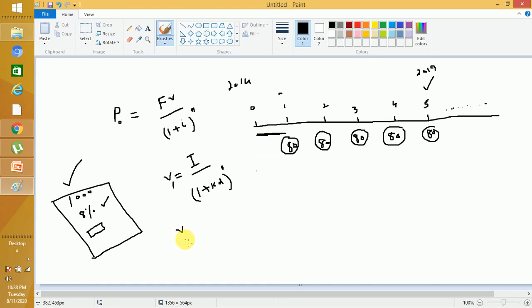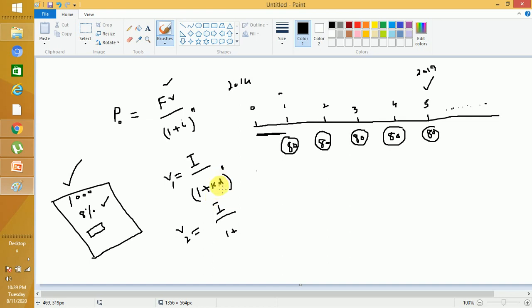Then we will calculate the value V2, this 80. We will calculate its present value. So I divided by 1 plus KD. I'm using this formula: future value is basically interest, and here the interest rate is basically the discount rate.